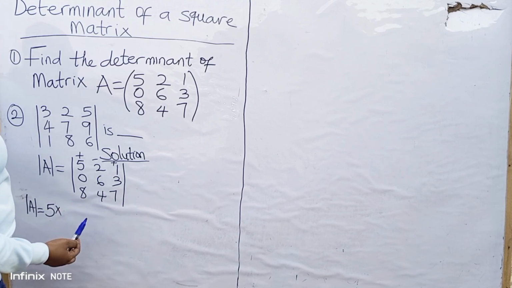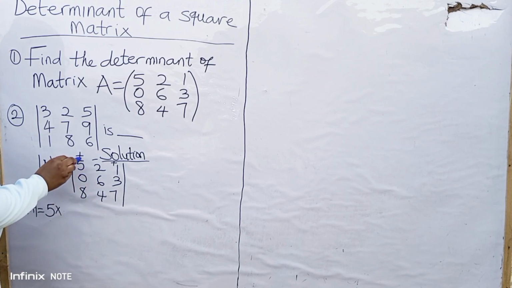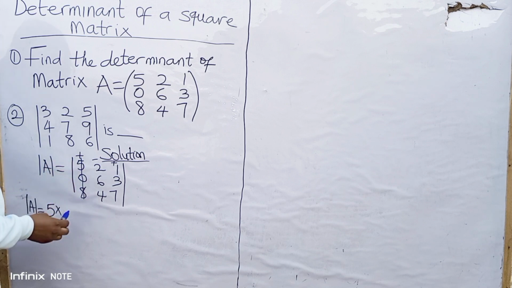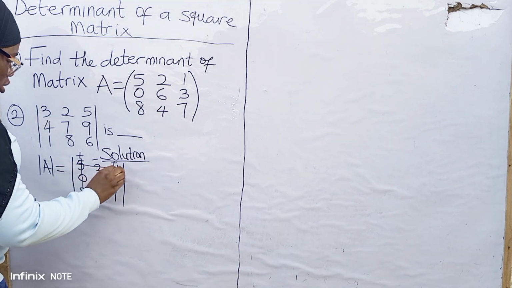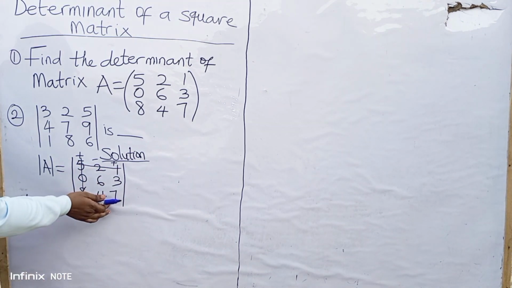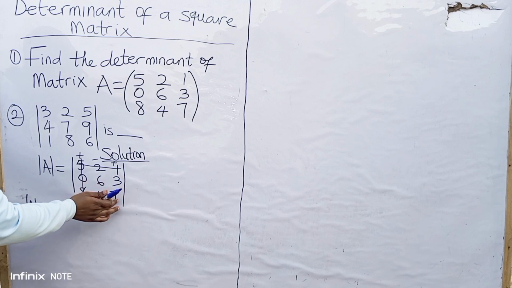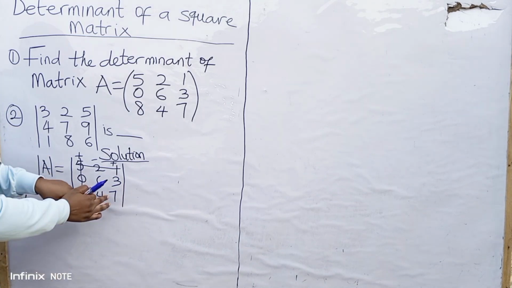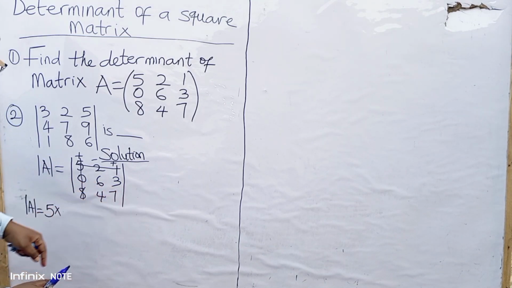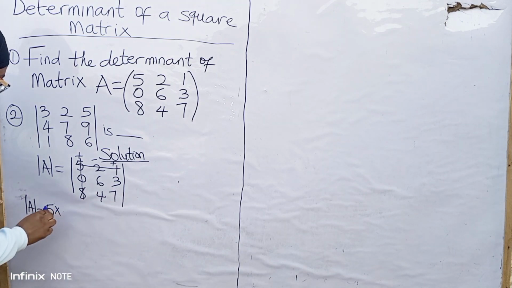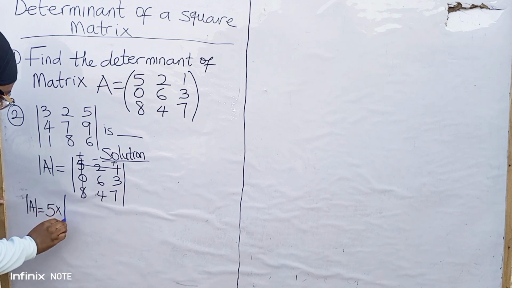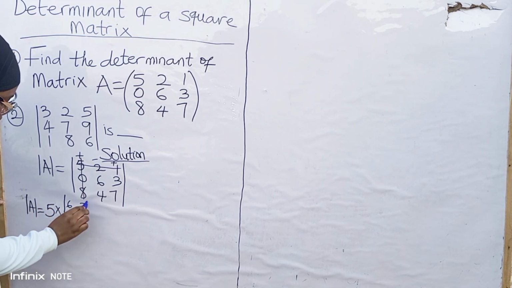What you are going to do now is cover 5, where it belongs vertically and where it belongs horizontally. So we are left with 6, 3, 4, 7. You are going to find the determinant of 6, 3, 4, 7, and multiply it by the first element here, which is 5. So that means 5 multiplied by the determinant of 6, 3, 4, 7.